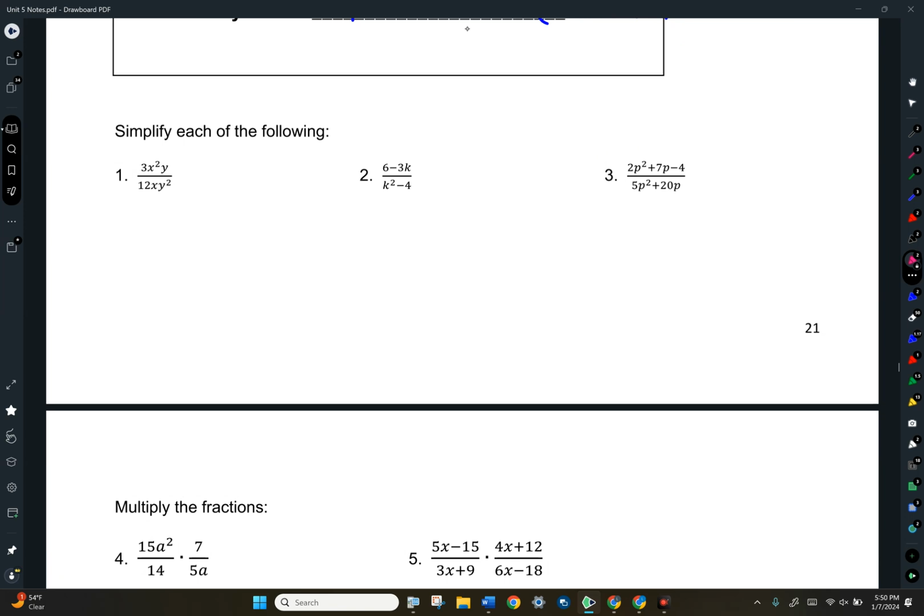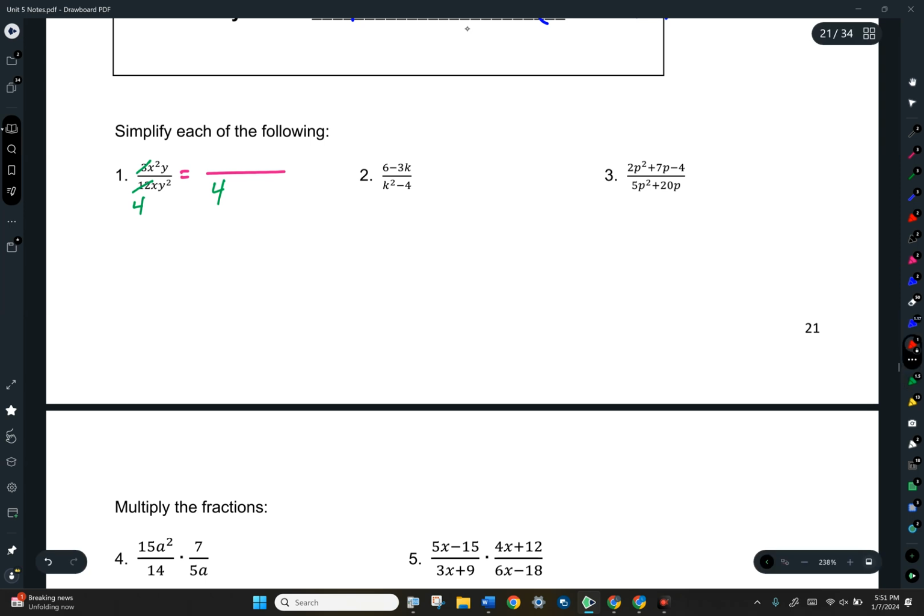It's okay to think about the 3 and the 12 and cancel, or to think about the x squared and the x and cancel. So when I do this problem, it's okay to say, hey, look, that 3 goes into 12 4 times. So if I do that, that means the 4 is on the bottom. And there's nothing of that 3 left. You might say there's a 1, but otherwise there's nothing of that 3 left, right?